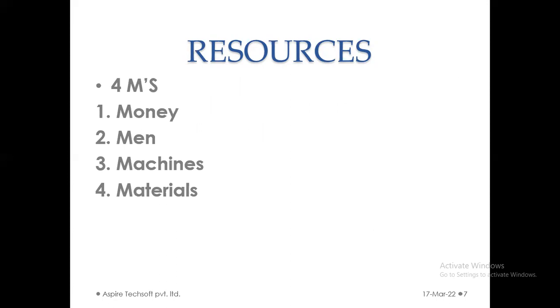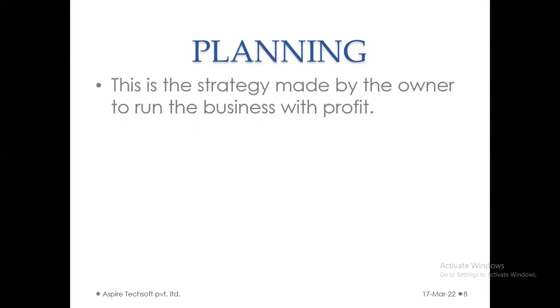These are the 4 M's which are very important to run a business. Planning is a strategy made by that company's owner to run the business with profit. By using these 3 terminologies, that is enterprise, resource, planning, the ERP software comes into the picture.